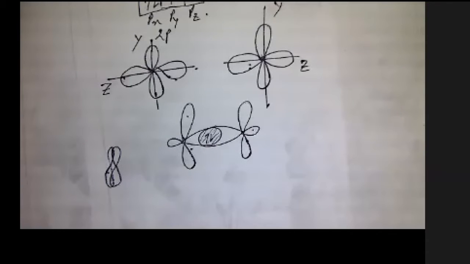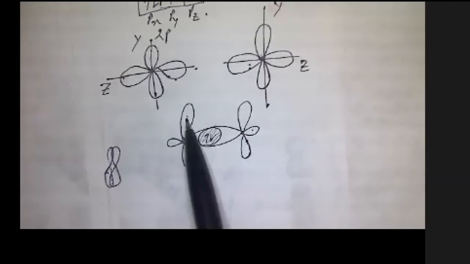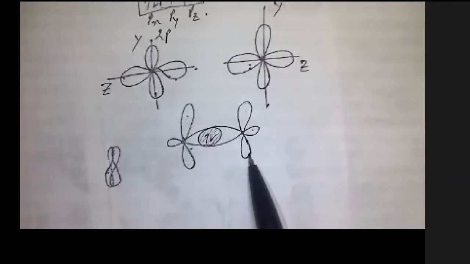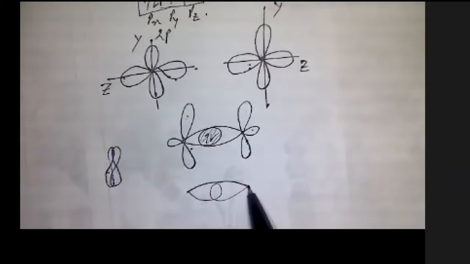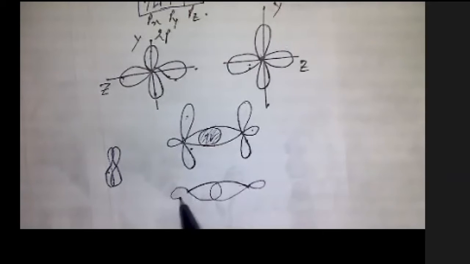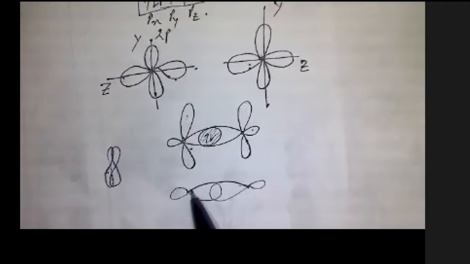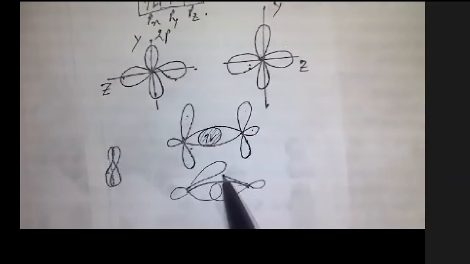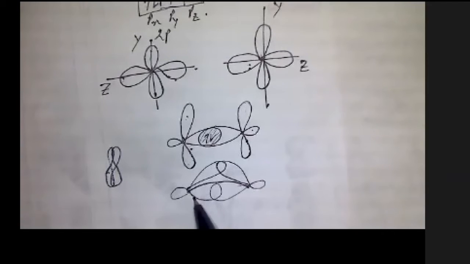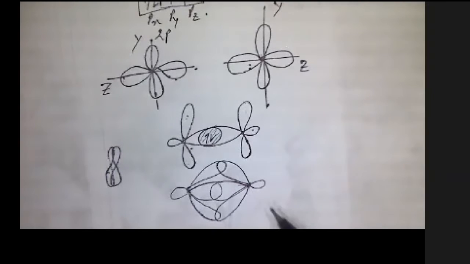Since they are very close, the upper lobe overlaps with the upper one, the lower one overlaps with the lower one. So this overlapping was already there, and then these two have to overlap. Directly we cannot show, so since it is a representation, we represent it like this. It's just a representation, remember that.